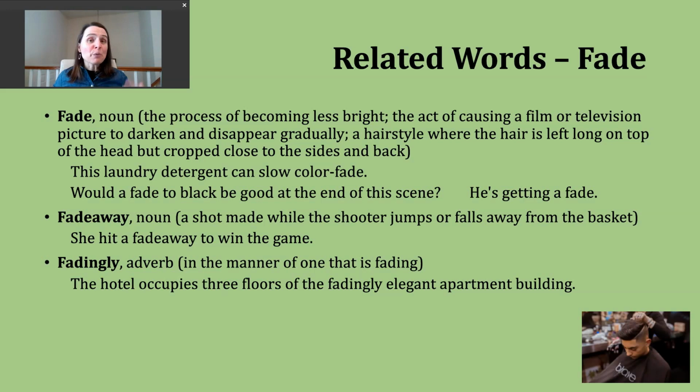Okay. So what we're really trying to describe here, so fadingly, our adverb, is modifying or describing the adjective elegant. So we can maybe imagine a really nice apartment building. It was very sophisticated, very nice at one point, but now its condition is kind of going downhill. So it's fading in quality.